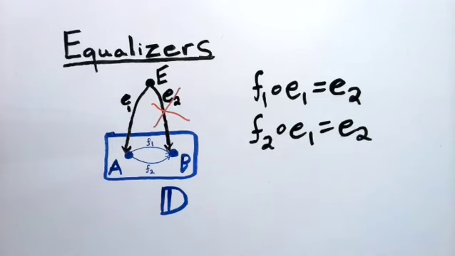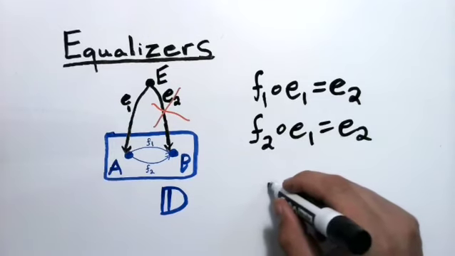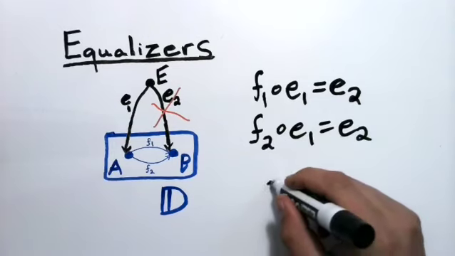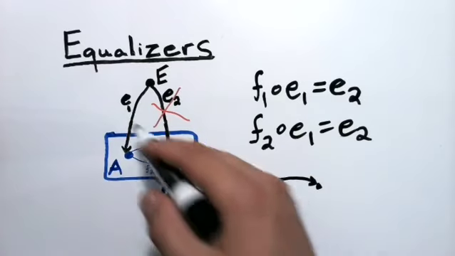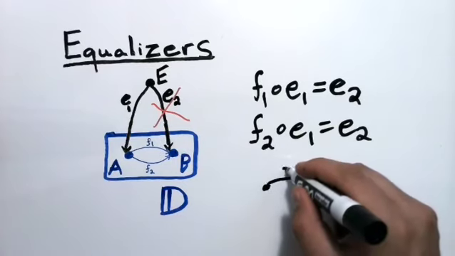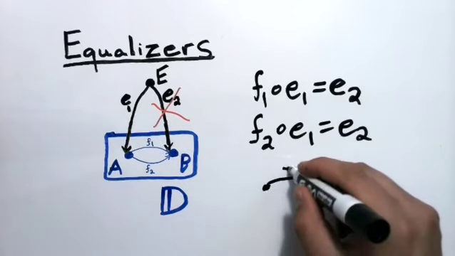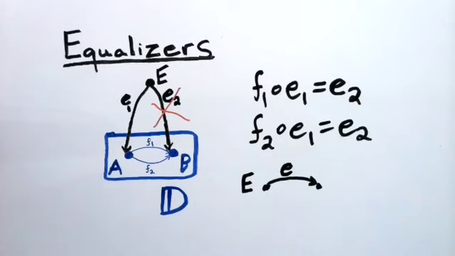If we were to redraw that, we could have a flatter visualization, where instead of E1, we can just call it E, coming from our object E into our diagram D here.